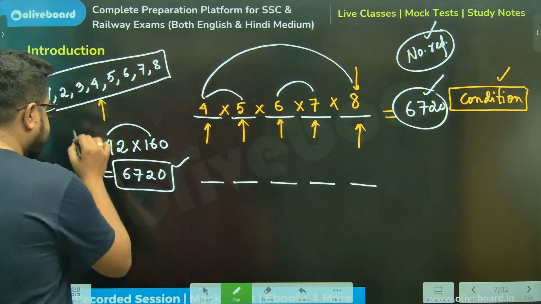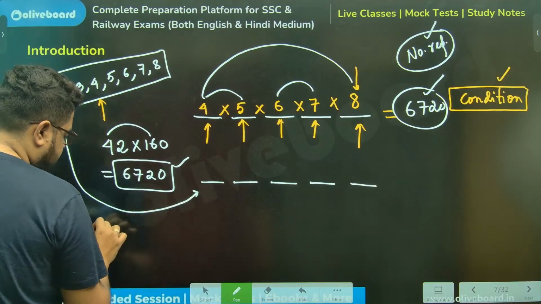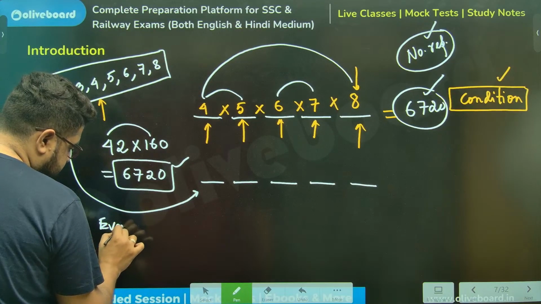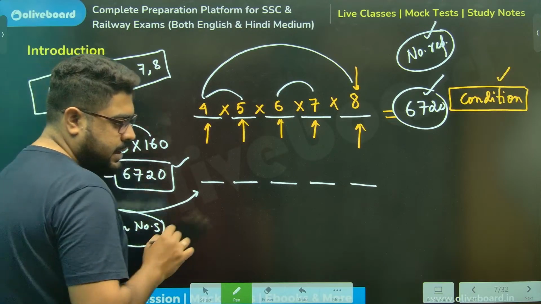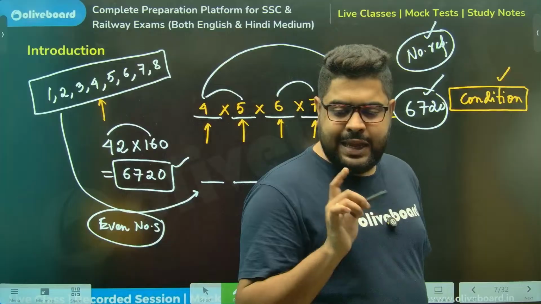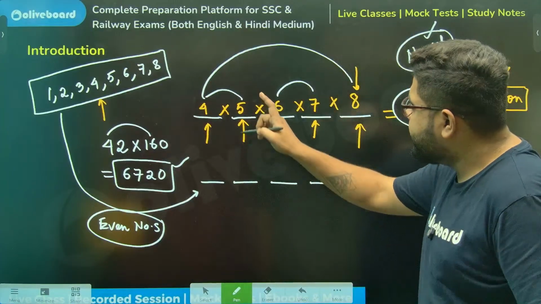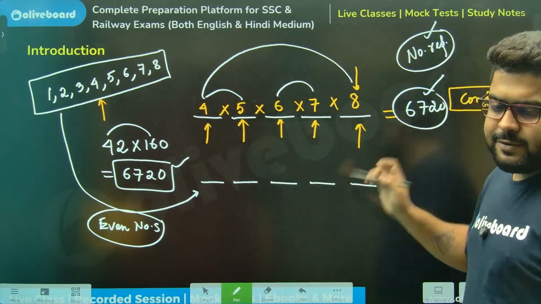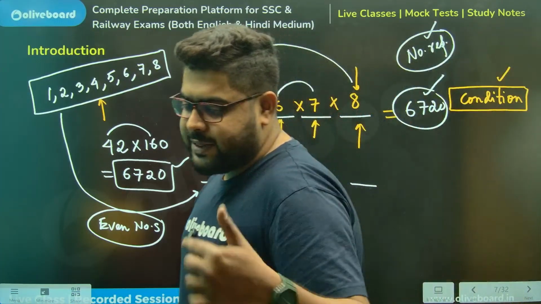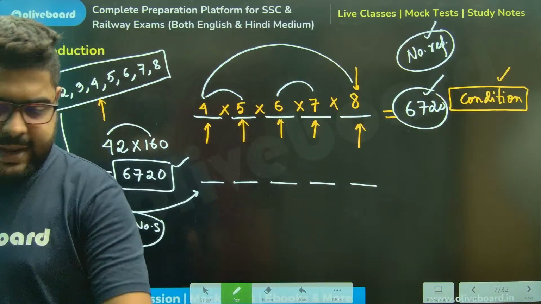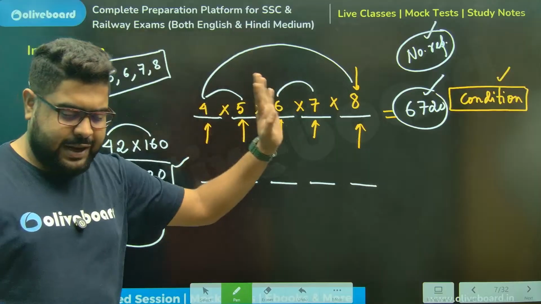Only change is how many even numbers can be formed. Now, tell me. How many five digit even numbers can be formed using these digits? Sir, how can we think? Again, no repetition.